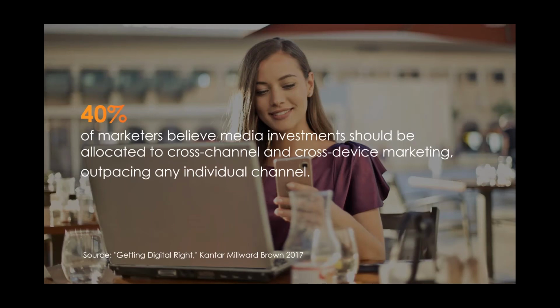So, in fact, one of the key results from a Kantar Millward Brown survey in 2017 was that 40% of marketers think that media investment should be allocated to cross-channel and cross-device. I think what they really mean by that is the measurement and the understanding associated with cross-channel and cross-device. Fundamentally, media is bought in channels.